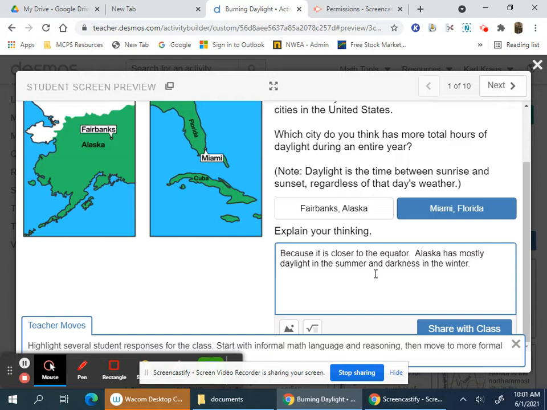So on average, Miami would have more daylight.